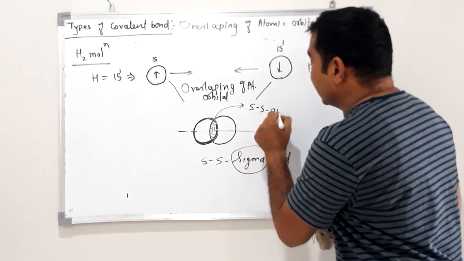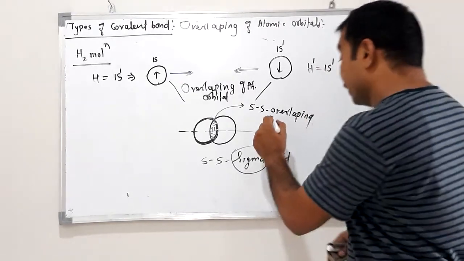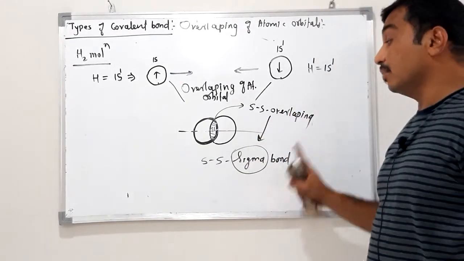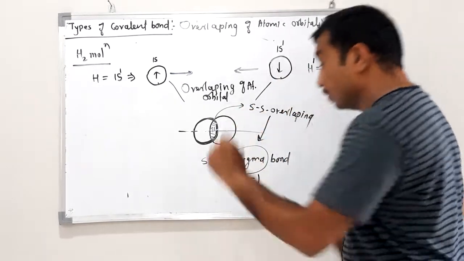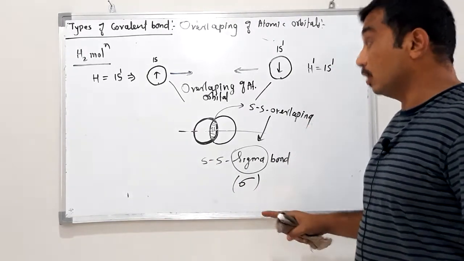Remember, SS overlapping, and the resulting bond is called an SS sigma bond, sigma sign. Okay, this is very important.